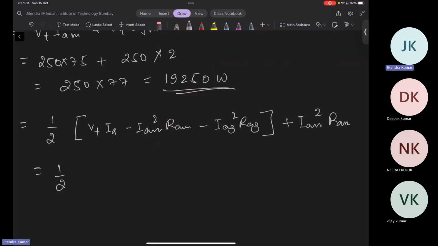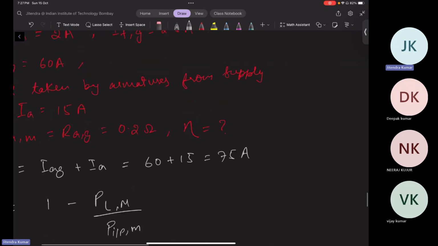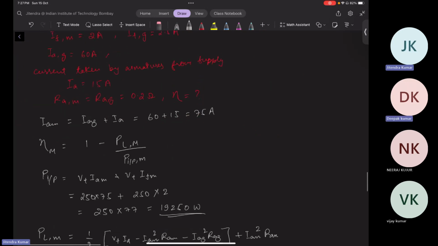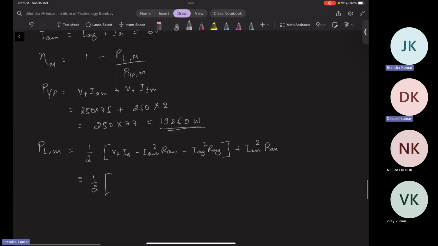Now calculate it. VT into IA is how much? How much will be IA here from the data? 15, yes, exactly.